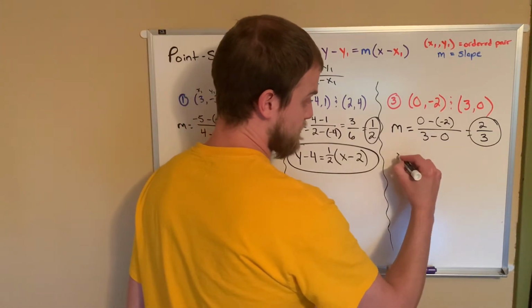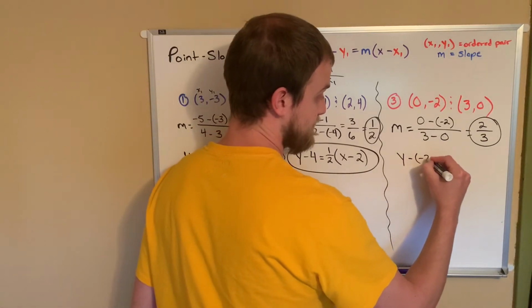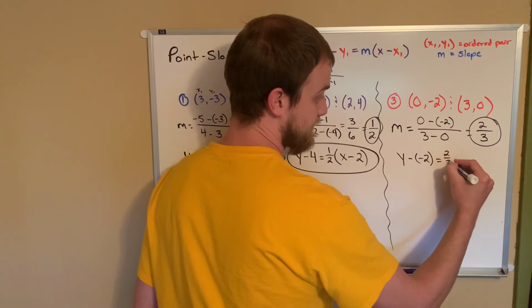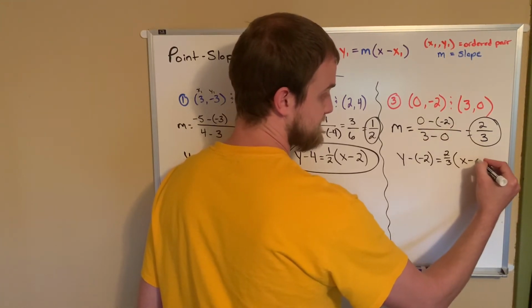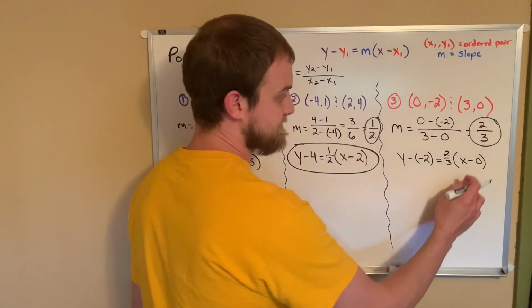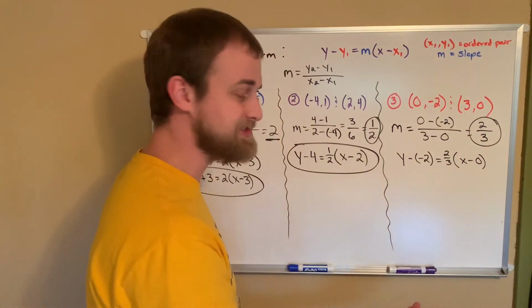So here we go. Let's write y. I'm going to use the first ordered pair to start. Y minus my y value in my ordered pair equals 2/3 times the quantity of x minus 0. Now we could simplify some things here. Notice this time we have x minus 0, so we know that can just be an x value.